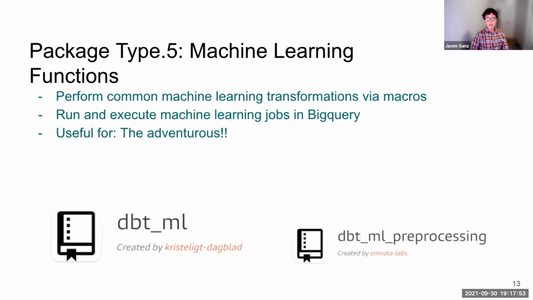The preprocessing library will actually take your columns and perform things like one-hot encoding that normally you would do in a Python transformation, and do that straight in your data warehouse. And then with the dbt_ml library, you can actually run BigQuery machine learning models straight through dbt, which is a very interesting use case. These are still very early. I haven't heard a ton from the community about people using these in production, but it's a very interesting spot to watch and definitely something that might be worth checking out.